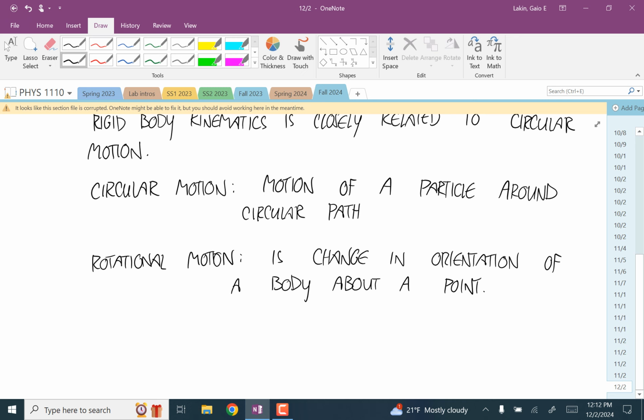If I'm in rotational motion, I'm doing this. It takes into account the fact that my body can face in different directions, and it's those changes in direction that matter. So these two things are different, but how are they the same? What connects them?